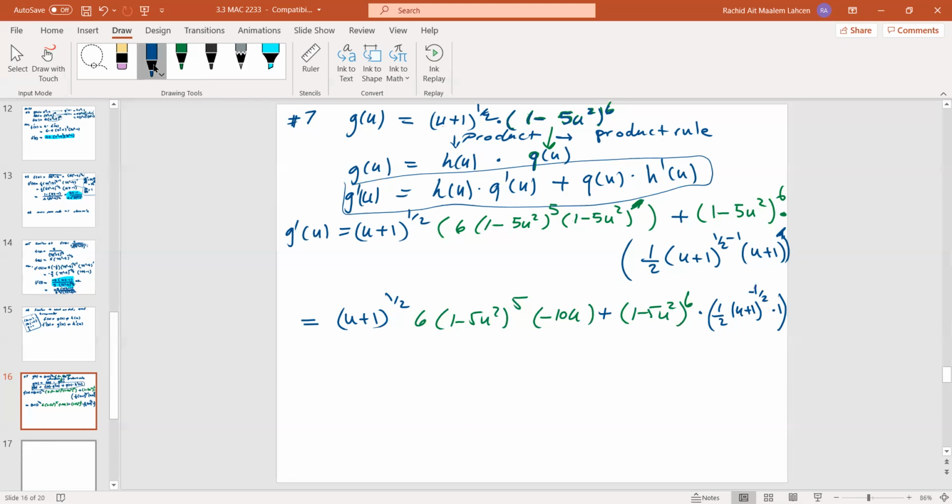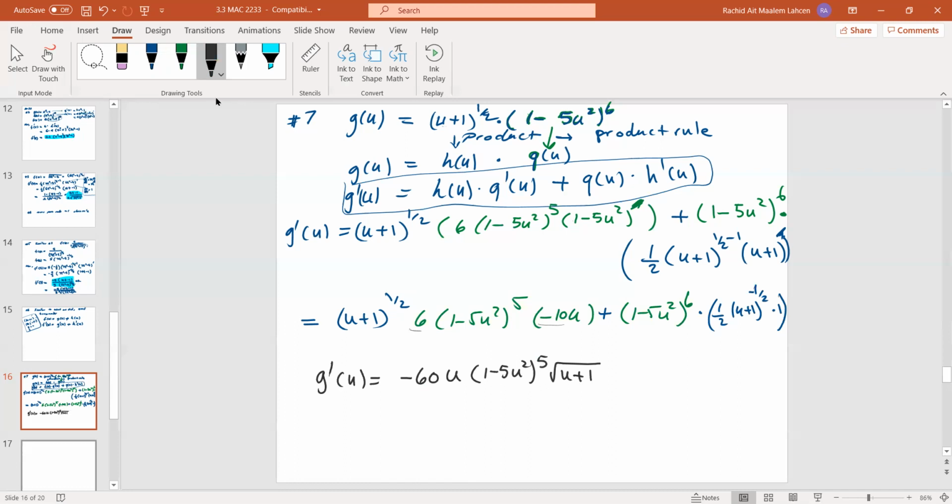All right, so now we can just do g prime of u for the answer. We have negative 10, we have a 6, so negative 60u. We have (u plus 1) to the 1/2, so that's a square root, and we have it to the 5th, right?